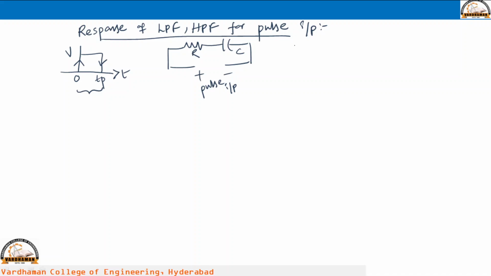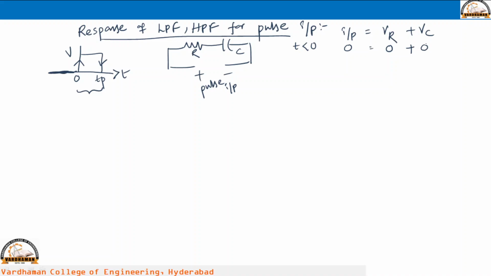So, for t less than 0, what is the input nature? Here the input voltage is equal to the resistor voltage plus the capacitor voltage. Before t equal to 0, the input is 0. When the input is 0, there is no supply and no current flow, so no voltage drop across the resistor, and if you assume no stored energy in the capacitor, the initial voltage across the capacitor is also 0.